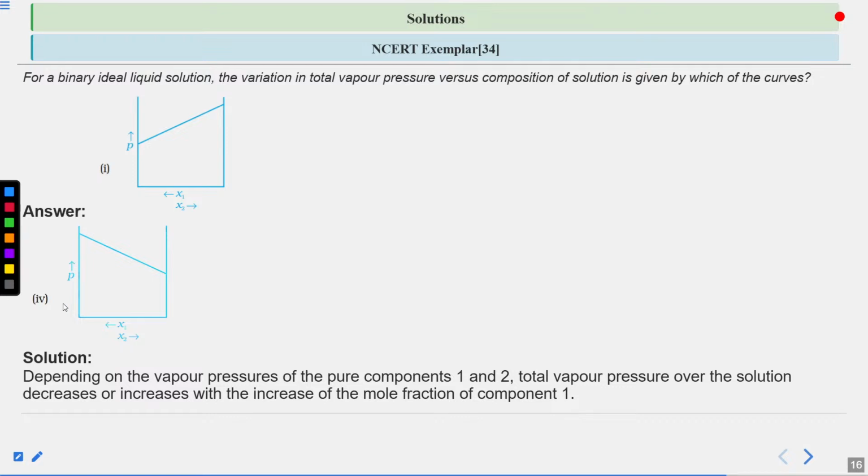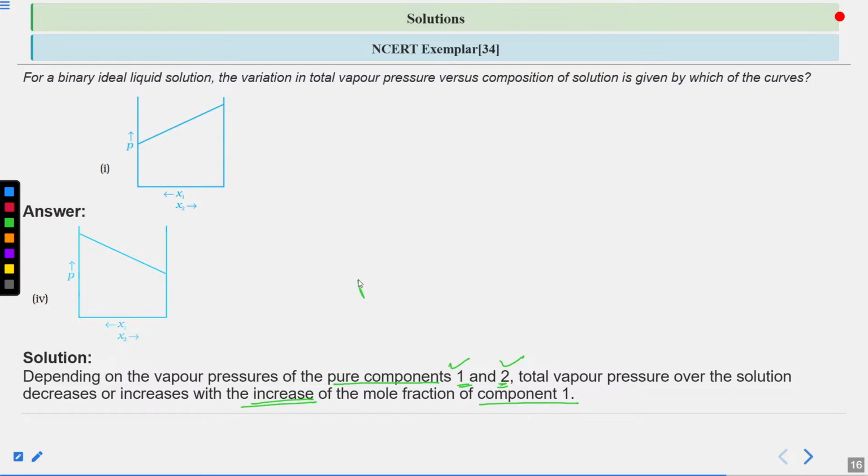Now, we are saying that depending upon the vapor pressure of pure components 1 and 2, if we have a solution where the two components are present, having the different mole fractions chi1 and chi2, the total vapor pressure over the solution decreases or increases with the increase of mole fraction of component 1.